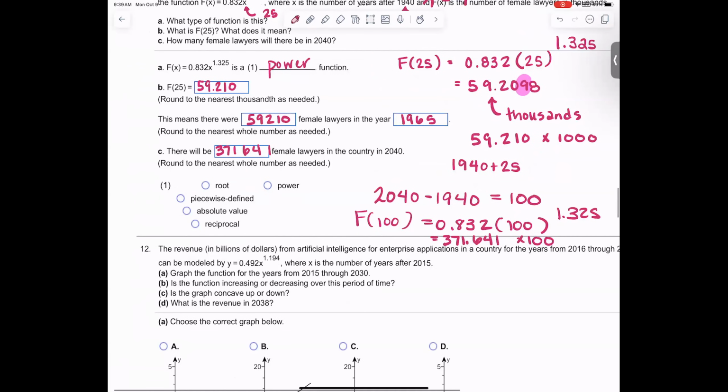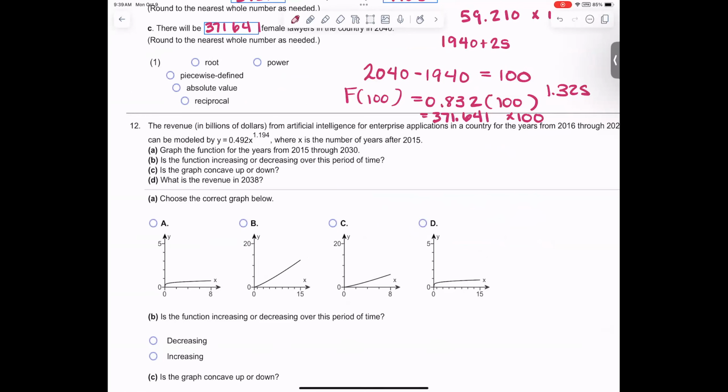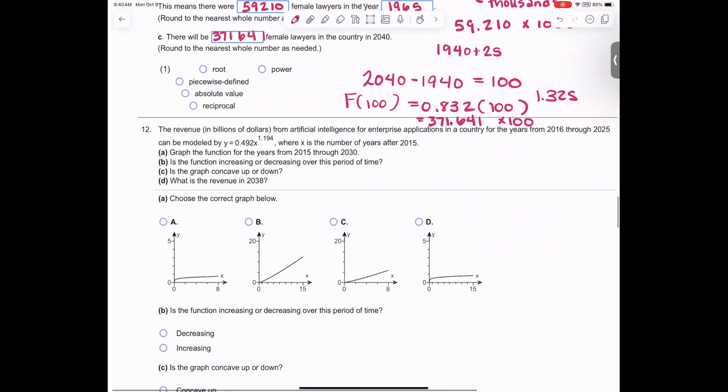All right. Problem 12. The revenue in billions of dollars from artificial intelligence for enterprise applications in a country for the years from 2016 through 2025 can be modeled by y equals 0.492 times x to the 1.194, where x is the number of years after 2015.